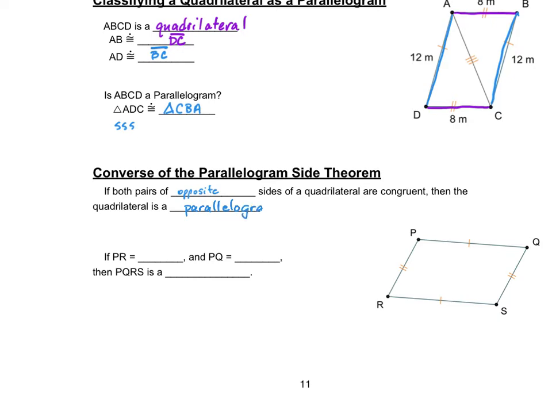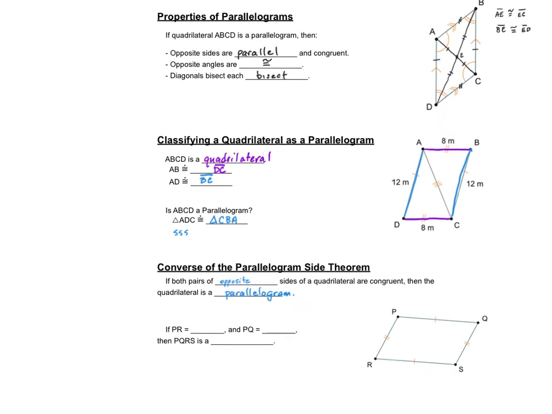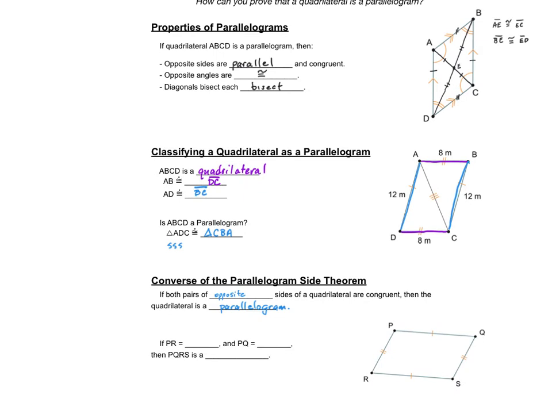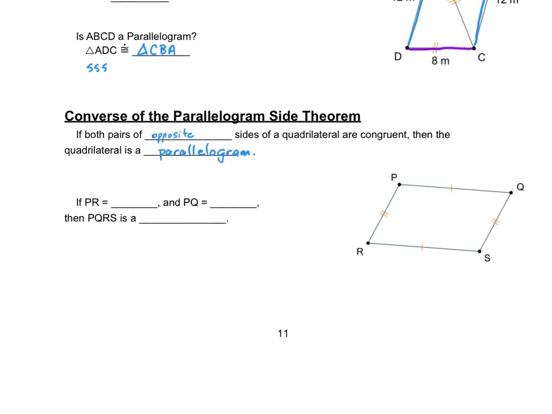Because again, if my opposite sides are parallel and congruent, that's one of the properties of a parallelogram. Therefore, if both pairs of opposite sides are congruent, then it is a parallelogram. So that's the converse, going forward and back with our statements.